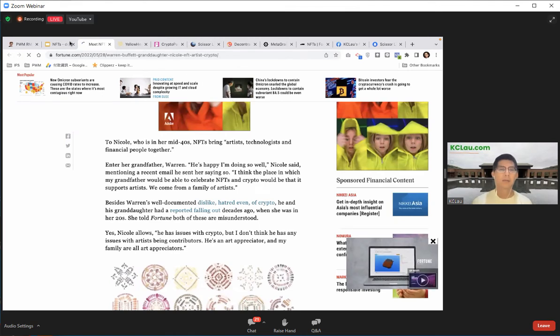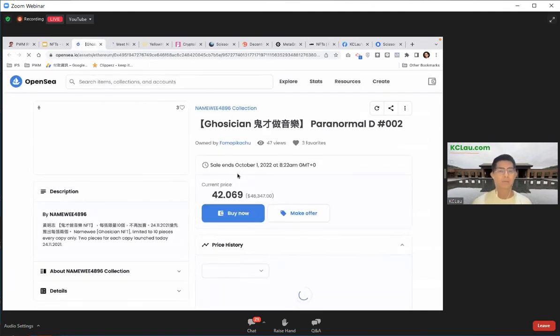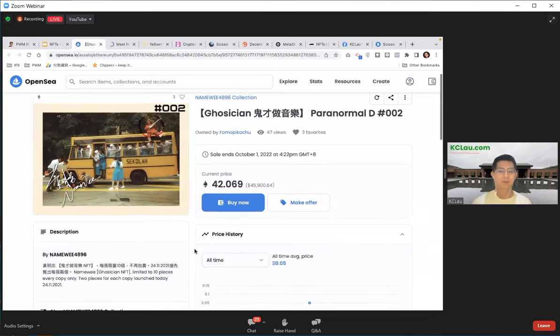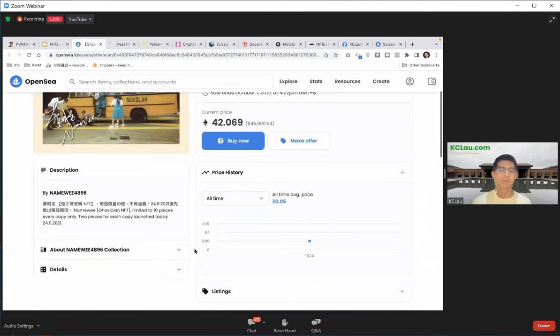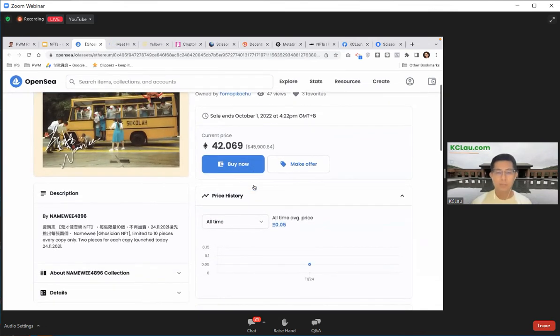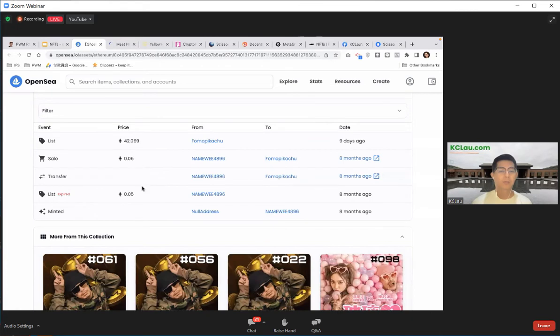And the other one, musicians. Like in Malaysia, we have Huang Mingzi. I think this is the best-selling one. Not best-selling, but you can see the transactions. For example, he sold it at 0.05 Ethereum, and then sold it to former Pikachu.